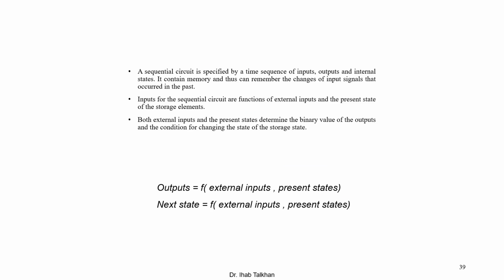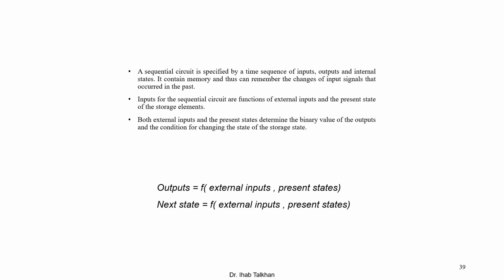This slide summarizes what I said in the previous slide, because it says here a sequential circuit is specified by a time sequence of inputs, outputs, and internal states. It contains memory and can remember the changes of input signals that occurred in the past. At the same time, inputs for the sequential circuit are functions of external inputs and the present state of the storage elements.